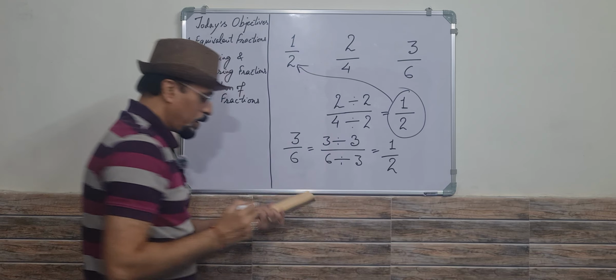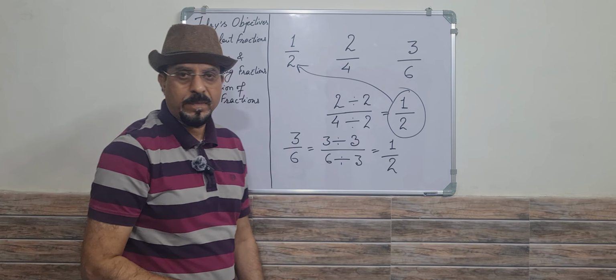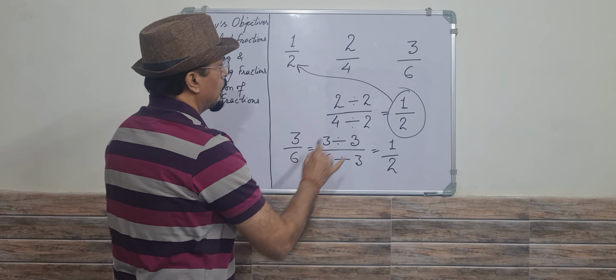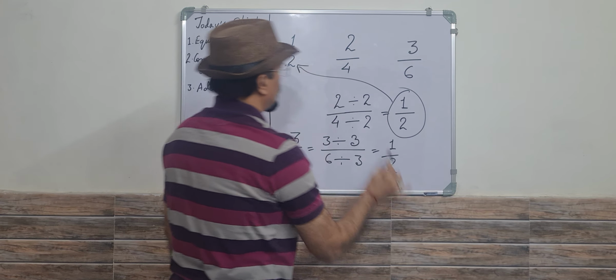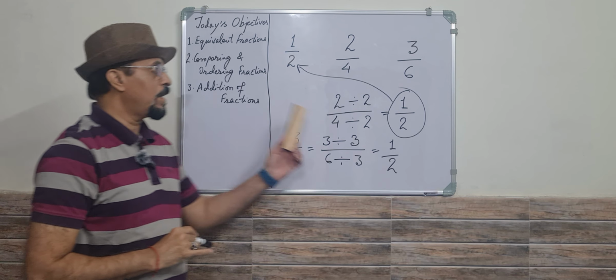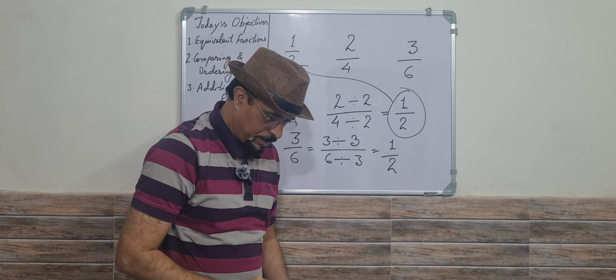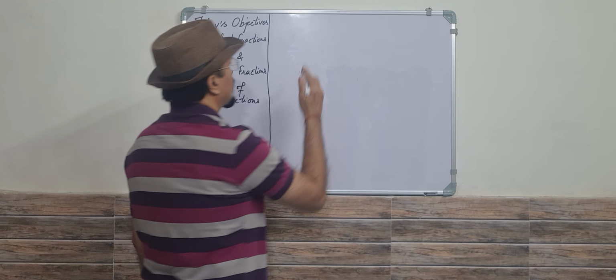Again I have got the same. So all these 3 fractions are finally giving the value 1 by 2. That means all 3 fractions are the same, and all 3 fractions are equivalent fractions. You saw this method. I'll tell you one more method.